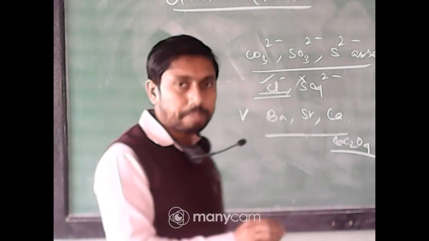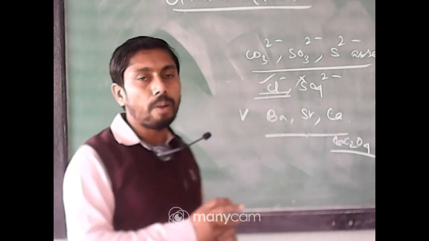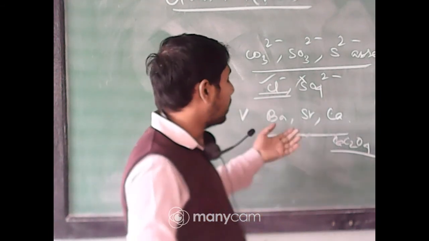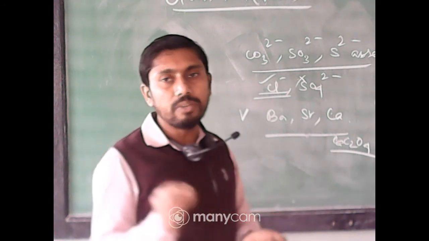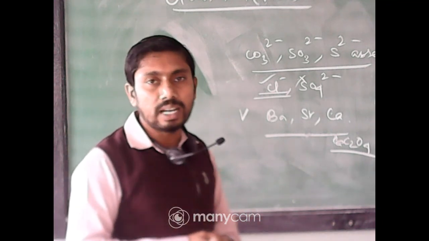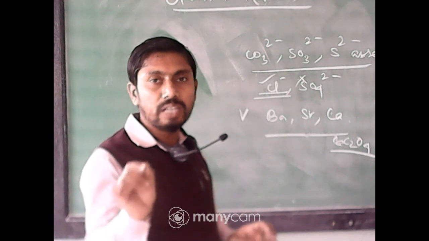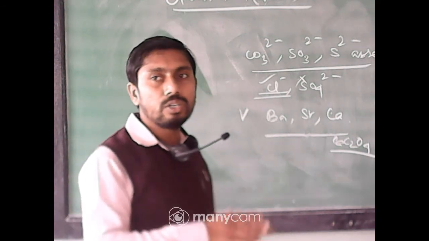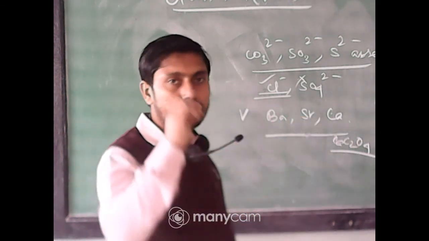Then in the experiment column you will write analysis of group 5 precipitate. In that section you will write: taking the precipitate, dissolve it in dilute acetic acid, and then ammonium oxalate solution is added. A white precipitate comes, so it is the presence of the calcium ion. Here you need not show the rest, barium or strontium, as absent.